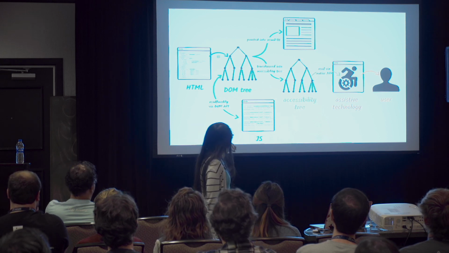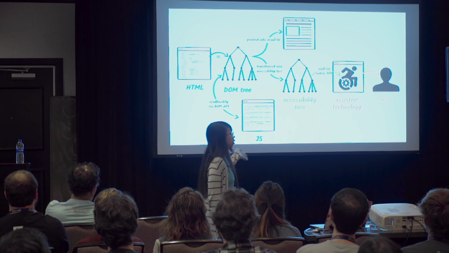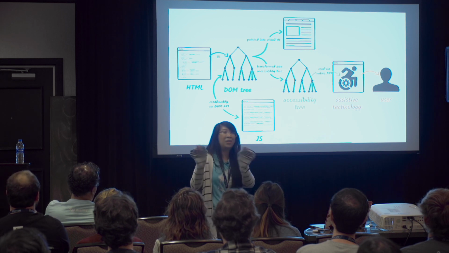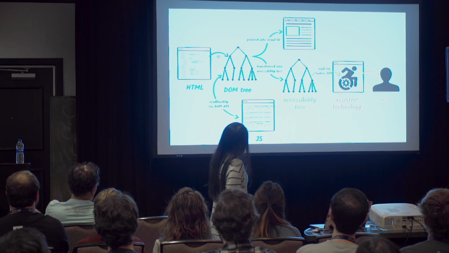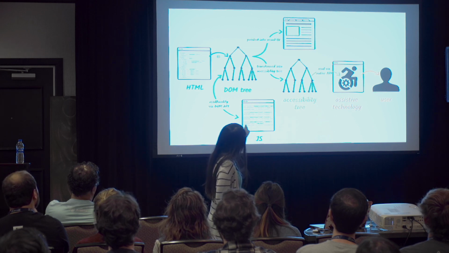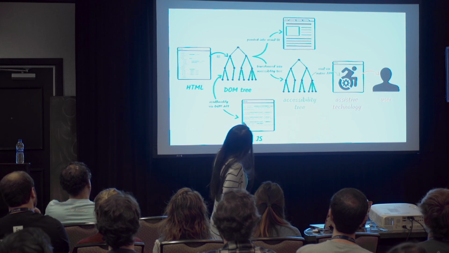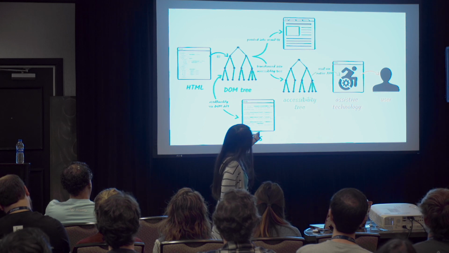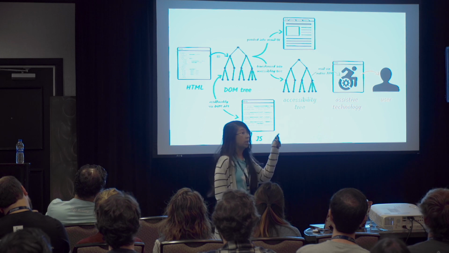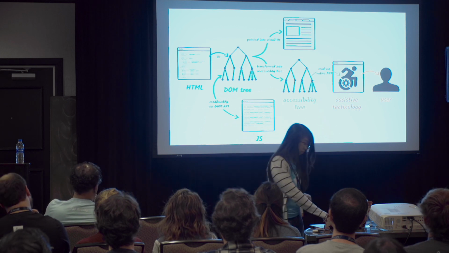The DOM tree can be manipulated by JavaScript, but be very careful with that, of course. And the DOM tree will also translate into the accessibility tree. As you see up here, it's painted into a visual UI, but it's also transformed into an accessibility tree. And that accessibility tree is what we send over to an assistive technology, which then gets sent to the user.